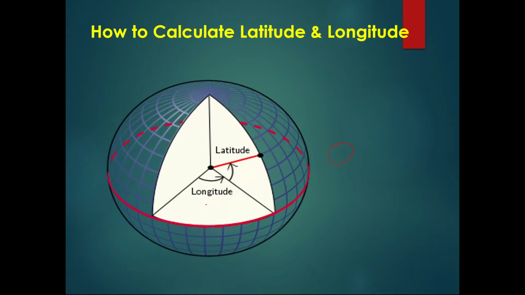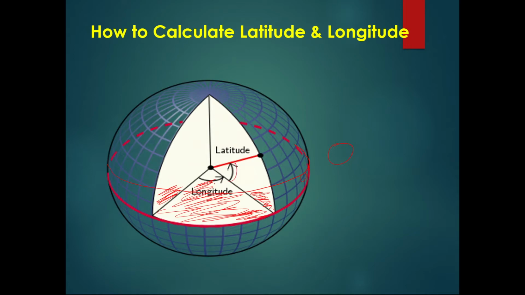Let's say this is a plane. You have to imagine it in three dimensions. This is a plane, and this is 0 degrees, because this is the equator, which divides the earth into two halves. This imaginary line is again a circle, so how will it be calculated? The equator cuts the earth in halves.